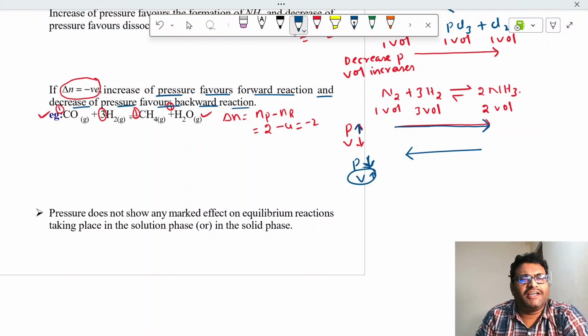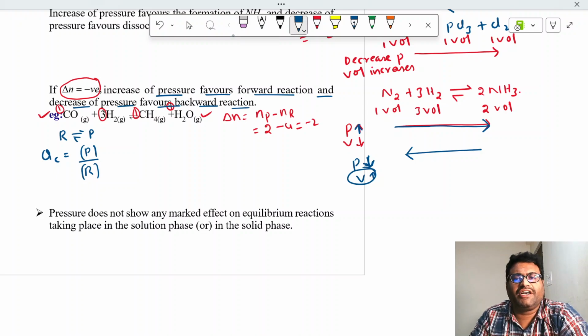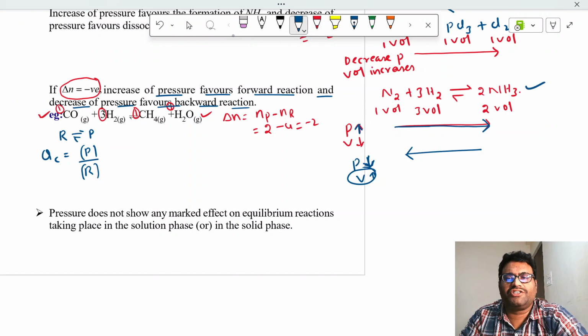Now let us see here. For the reaction, reactant gives rise to product, what will you write? Qc, product concentration by reactant concentration. Let us take this reaction, N2 plus 3H2 gives rise to 2NH3.